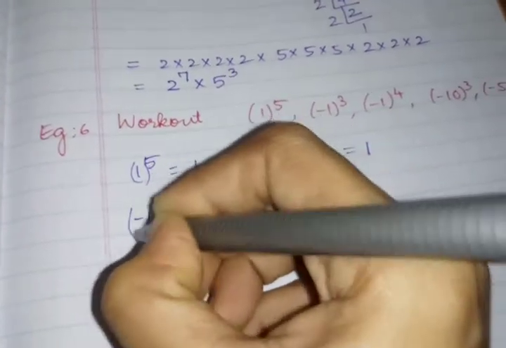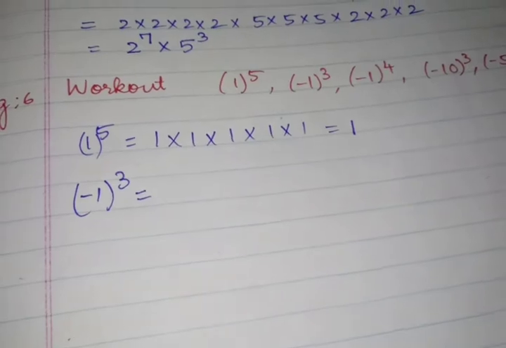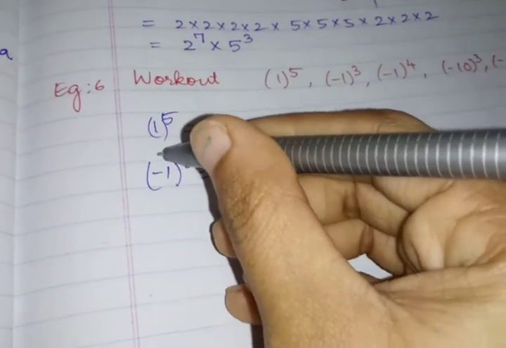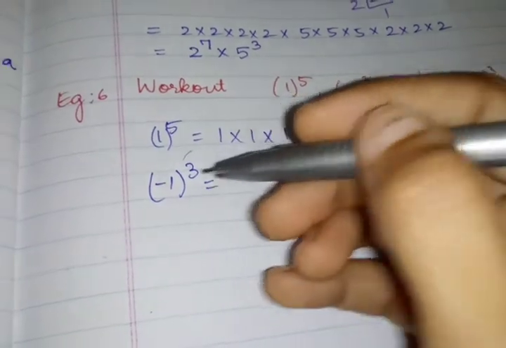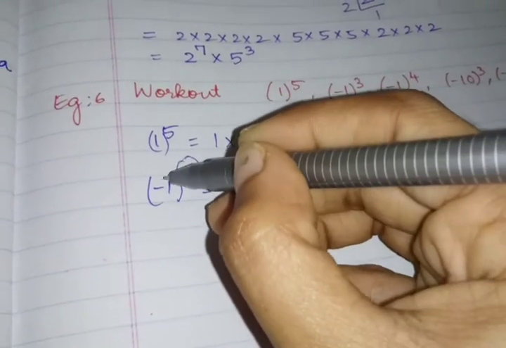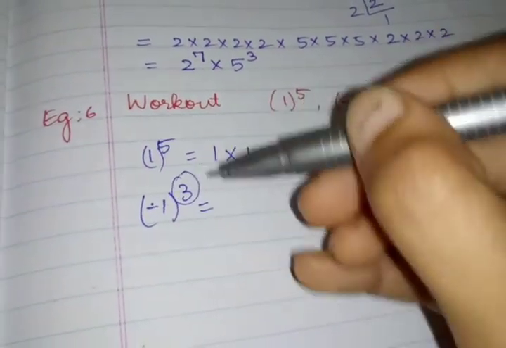Next, minus 1 the whole cube. What is the meaning? Minus 1 is multiplied 3 times. See, this cube is common for minus as well as 1. So minus 1 into minus 1 into minus 1. The number minus 1 is repeated 3 times.